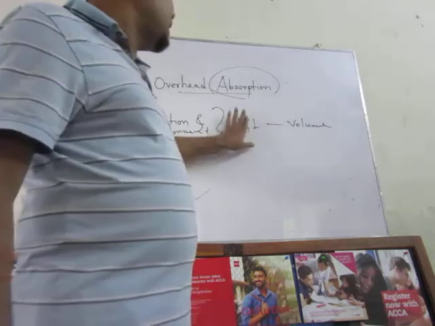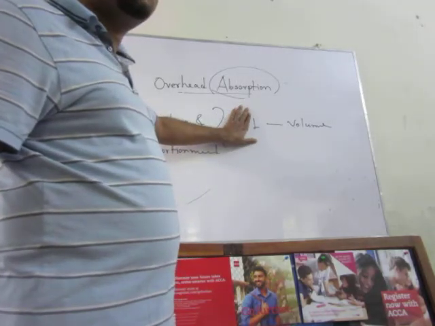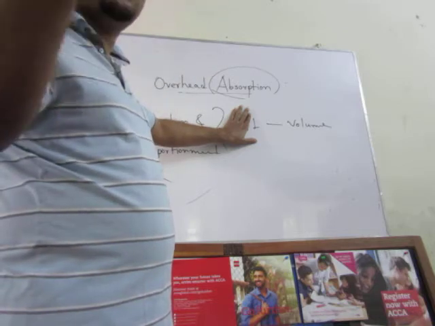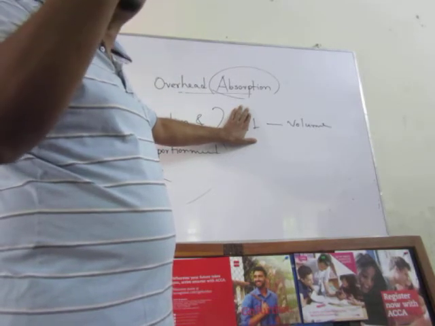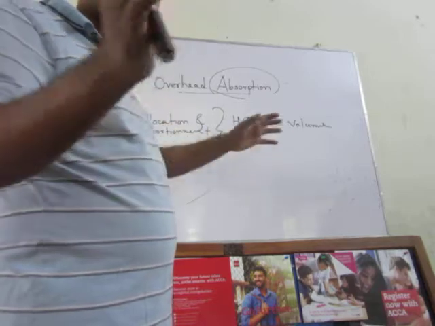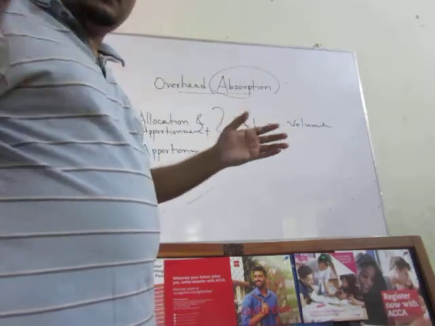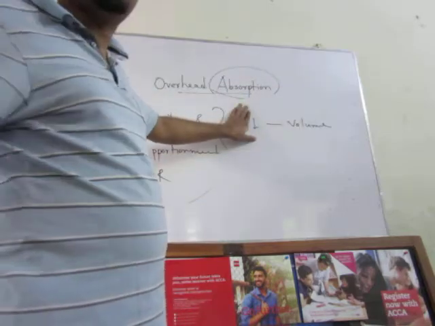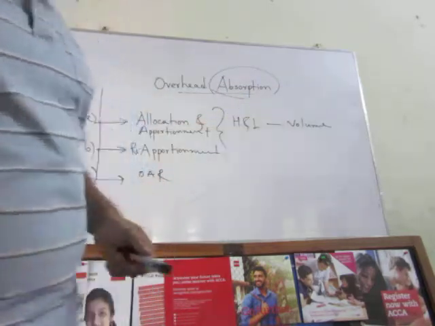But only lighting cost will be charged or allocated between the departments depending upon floor area. But heating and lighting together, you have to keep in mind: heating and lighting by volume, only lighting depends upon the floor area. Clear? Okay.